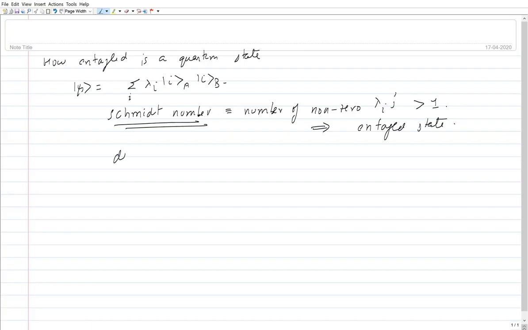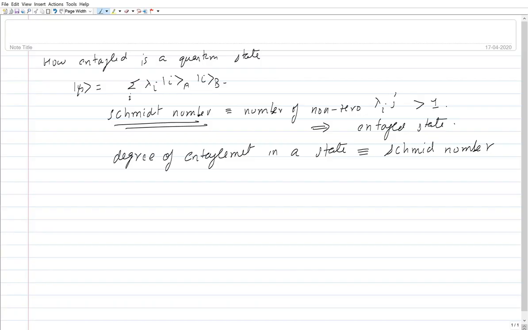So the degree of entanglement in a state is the Schmidt number.